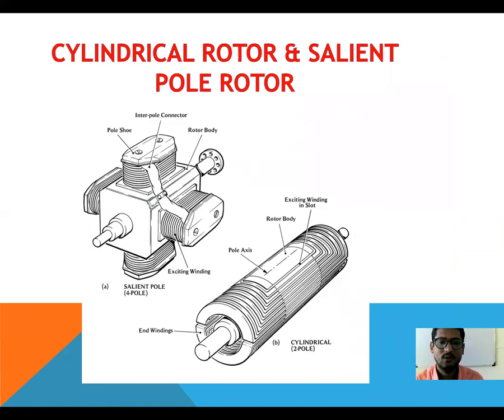After that, end windings or end plates are mounted to fix the damping bars. And in the case of a salient pole type of rotor, a 4-pole salient pole rotor is shown with interpole connectors, pole shoes, exciting system and a rotor body.